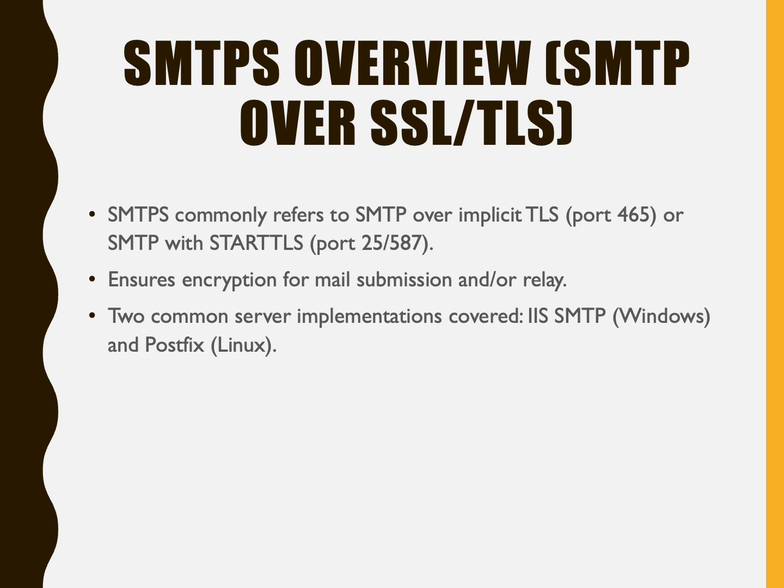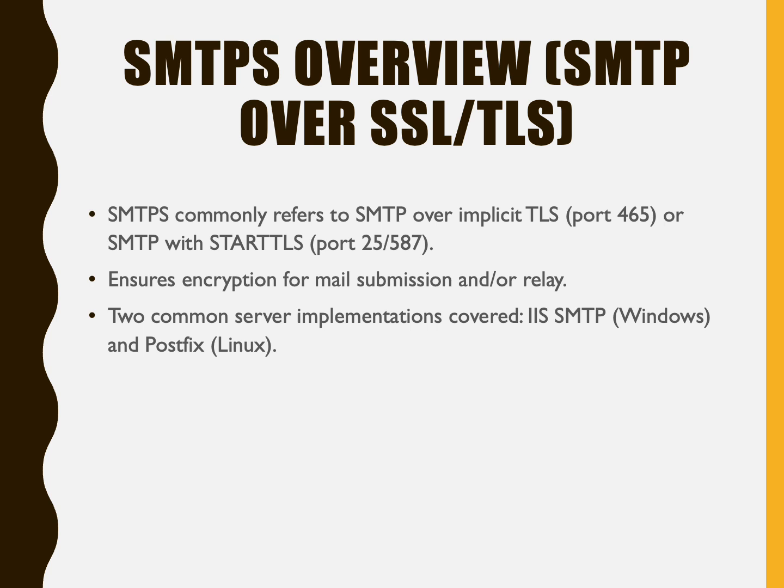All right, so now let's shift gears over to SMTPS. SMTP, as you would know, is the protocol used to send emails between servers and from clients to servers. So, like POP3, it was originally designed without encryption. So SMTPS refers to using SMTP over TLS. There are two common versions of this.